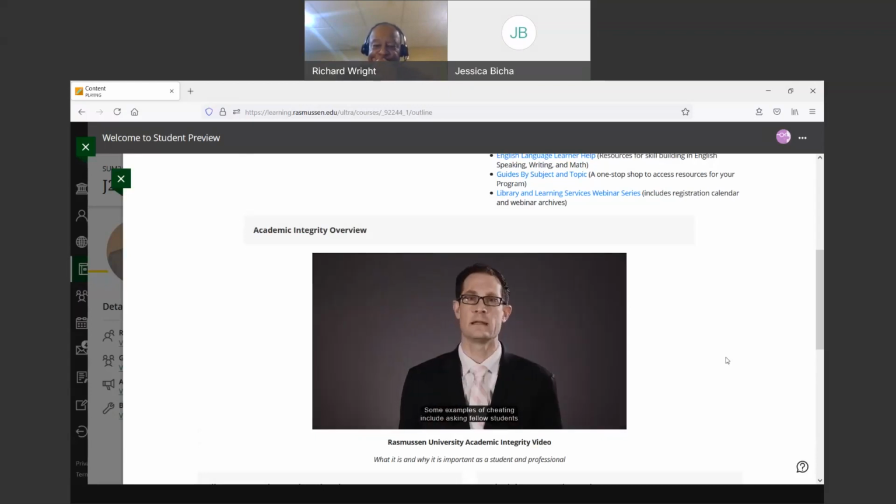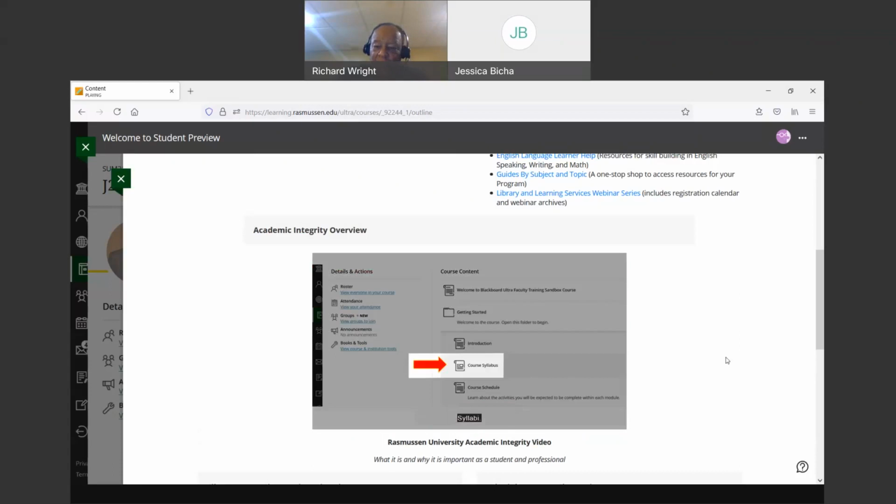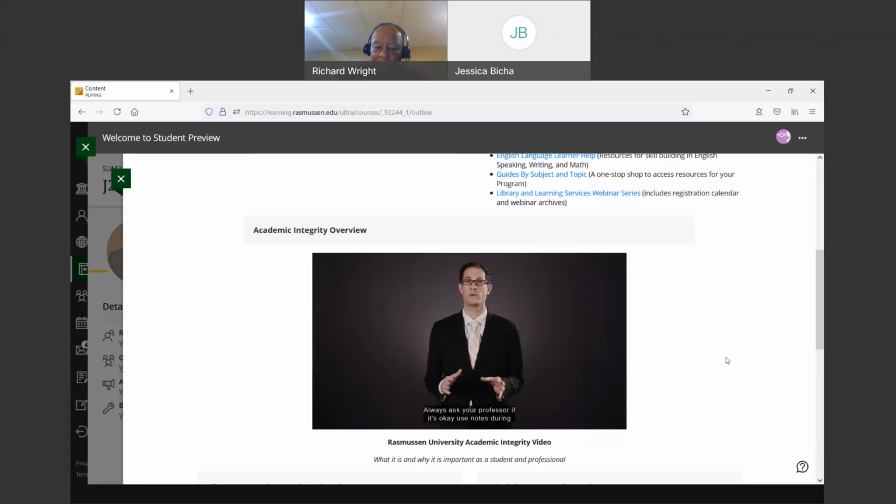Some examples of cheating include asking fellow students for answers or copying answers during a test, using notes, devices, or materials during a test that your instructor has not approved, purchasing papers from websites or other sources, copying your classmates' work, assisting a classmate in misconduct, and other violations as noted in the academic integrity policy that can be found in all course syllabi. Always ask your professor if it's okay to use notes during a test or to work together with classmates on an assignment or quiz.